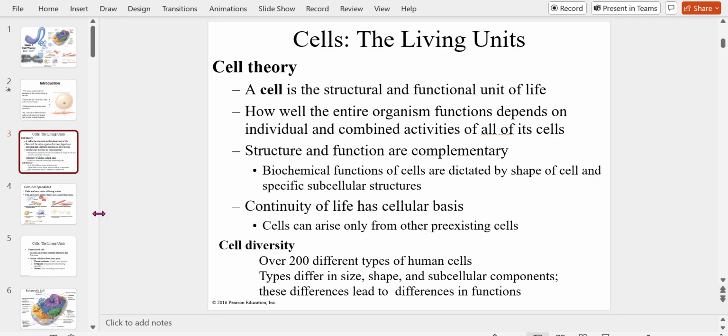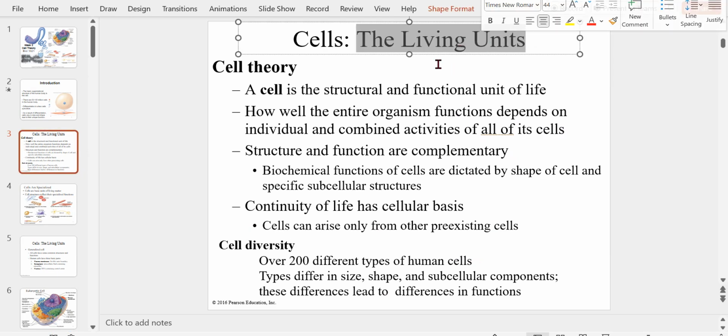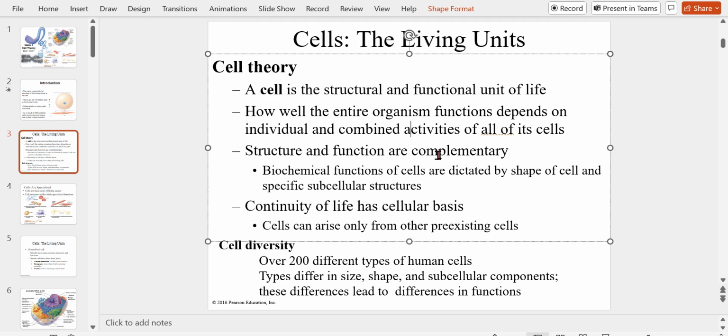All right. So, cell theory. Here we're talking about the living units. A cell is the structural and functional unit of life. How well the entire organism functions depends on the individual and combined activities of all of its cells.